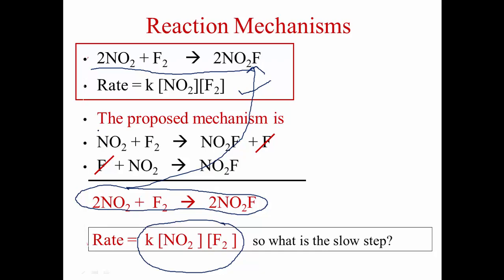Well, if we wrote the rate law from this equation, this would be first order. There's one of those, and there's one F2. That certainly does match. So this could be your slow step, unless there's some reason why it's not. The second step can't be. There's no reason why this cannot be. All the other criteria are met. So this is your slow step.